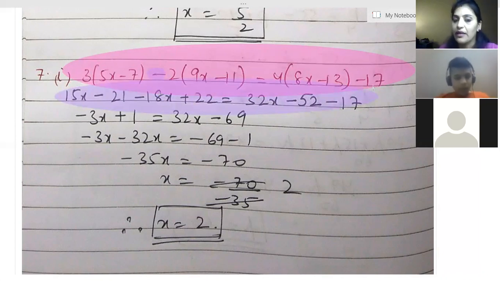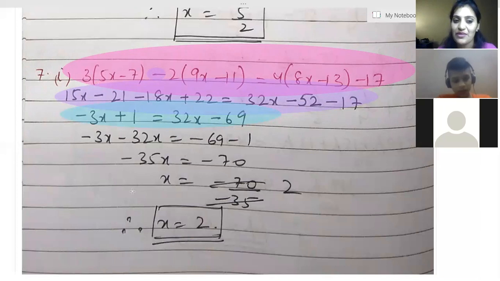Manan, why have I placed plus 22 whereas I have minus 11 in the bracket? Ma'am, into minus 2, when minus and minus signs multiply, we get plus. Yes, very good. So on solving, I am getting minus 3x plus 1 is equal to 32 minus 69, sorry.